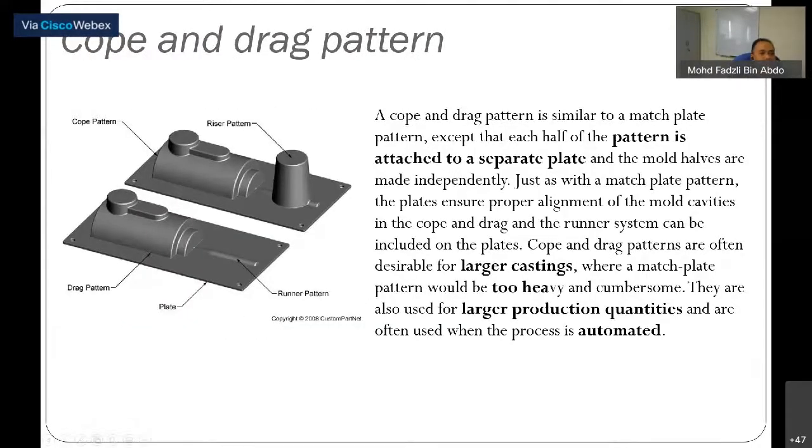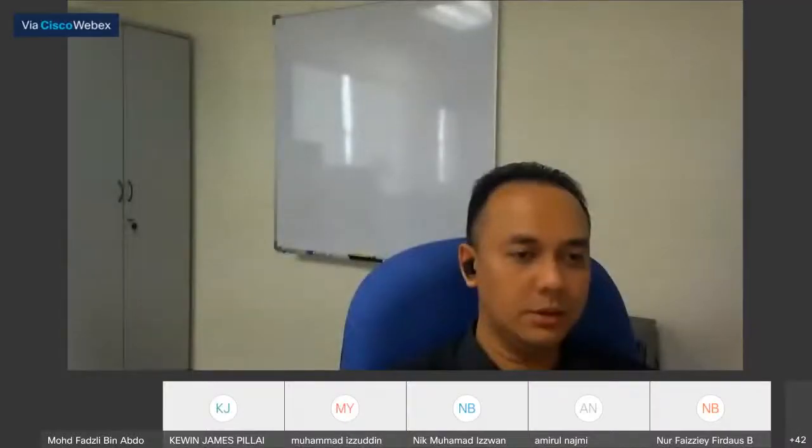So sekarang saya nak kongsikan beberapa video mengenai cope and drag ni. Ini adalah cope and drag.